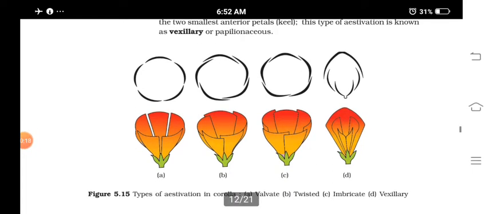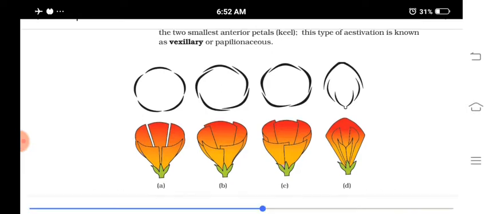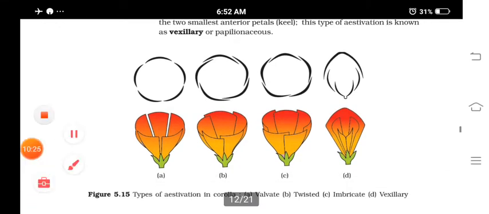Standard petal, then wing petals, and then the keel petals. That kind of arrangement is known as vexillary estivation, the characteristic feature of the family Papilionaceae, our pea family.